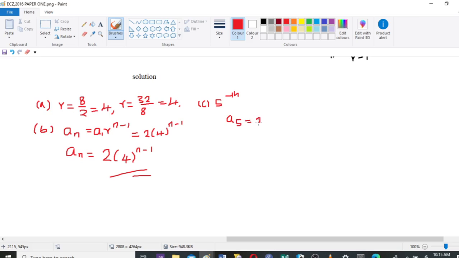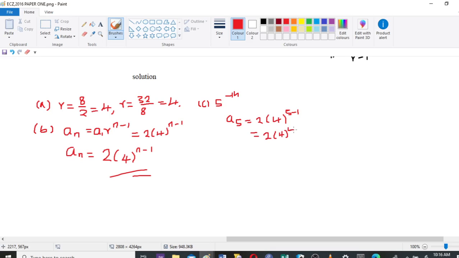So here we are going to have 2 times 4 to the power 5 minus 1, which is 2 times 4 to the power 4.